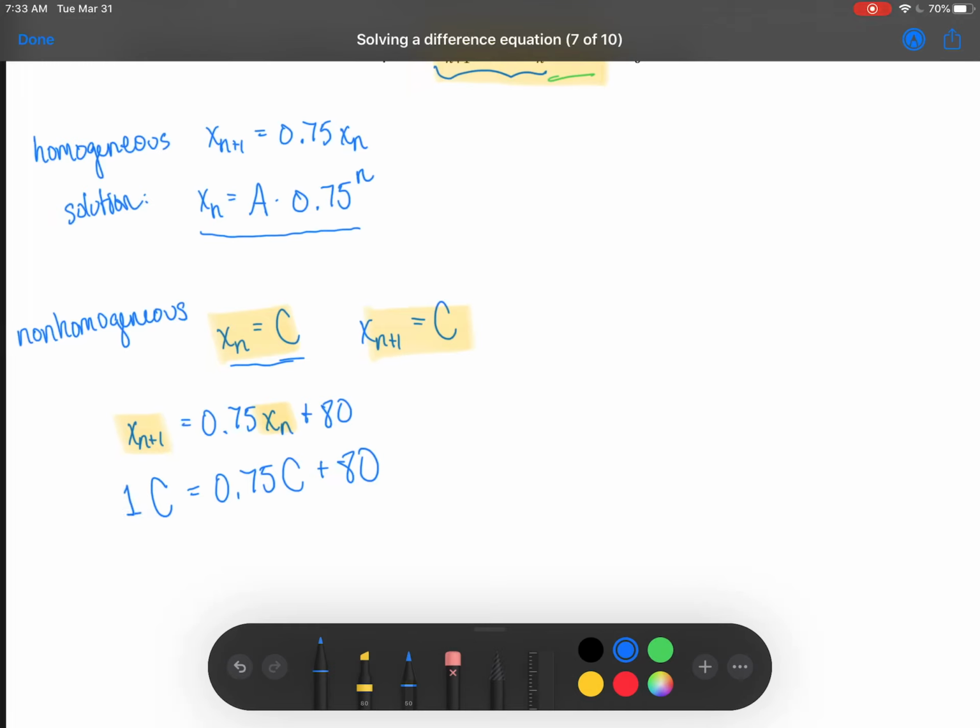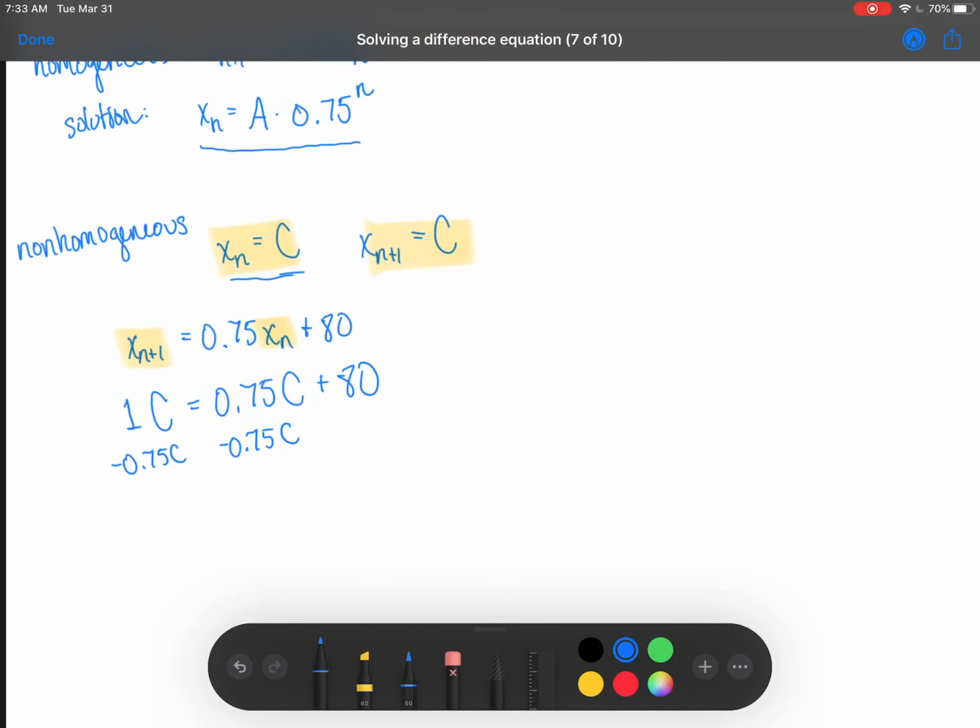Again, we can put this 1 in front of the c on the left-hand side if that makes it easier for you. We need to get our like terms together, so we subtract 0.75 c from each side to get 0.25 c is equal to 80, and then of course we divide by 0.25 to get c by itself, and that gives us c is equal to 320.